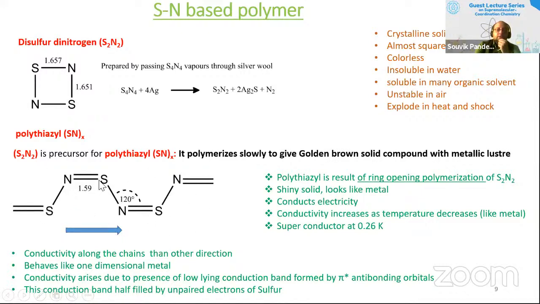If you see the molecular orbital structure, you will see that the conduction band of this polymer is very low lying, almost mixed with the valence band, so electrons can easily jump. The unpaired electron of sulfur can jump to this conduction band and give a high electron density in the conduction band, and that's why the conductivity is very interesting to see.